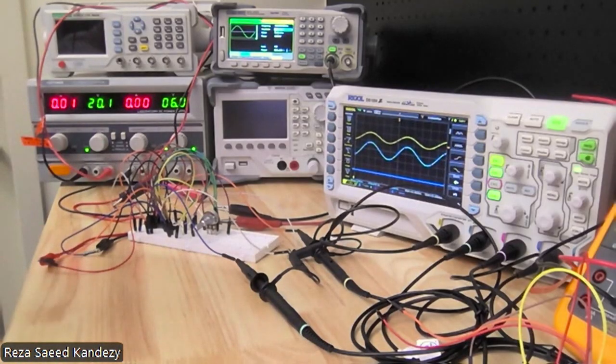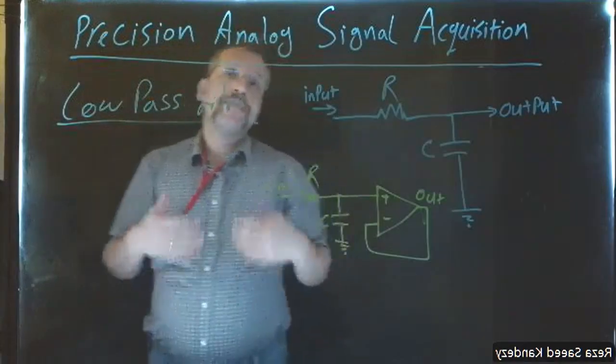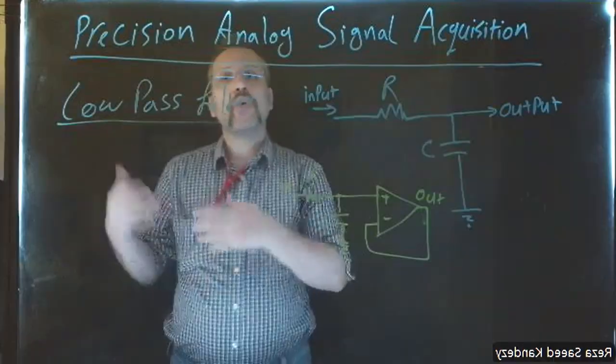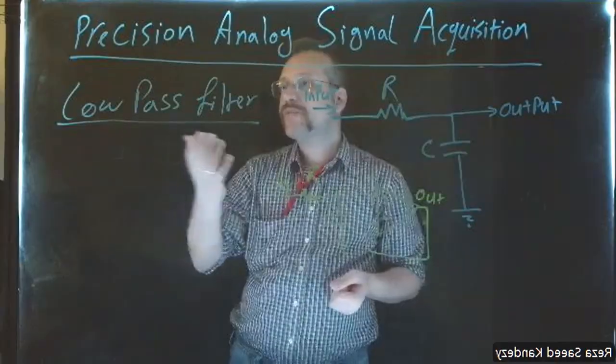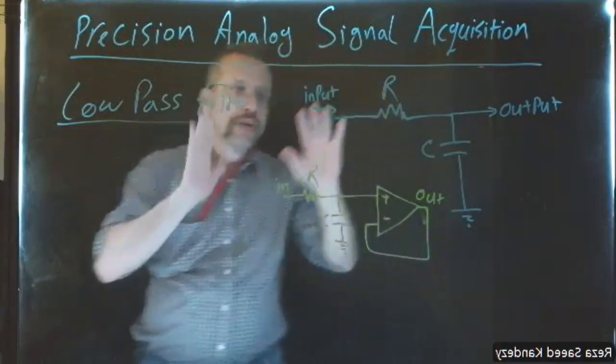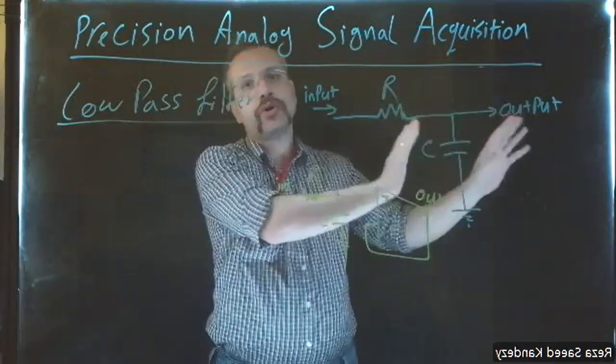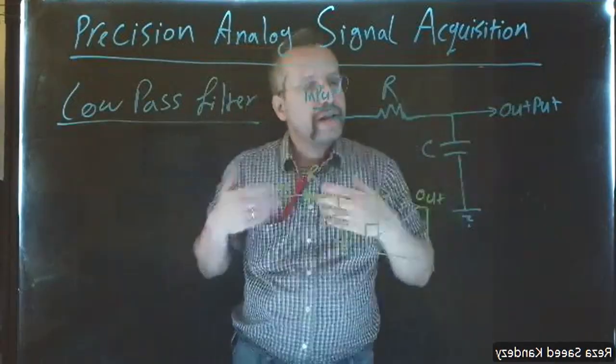Now, let's move on to our low pass filter. The second block that we had was the low pass filter. We wanted to design a low pass filter so we could eliminate all the high frequency noises. It is actually very easy.